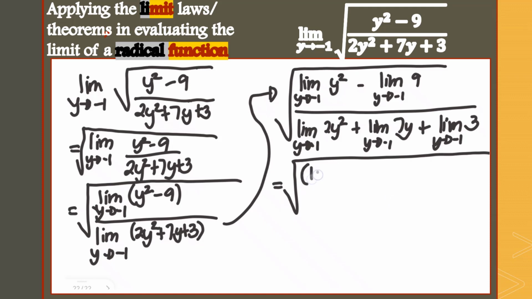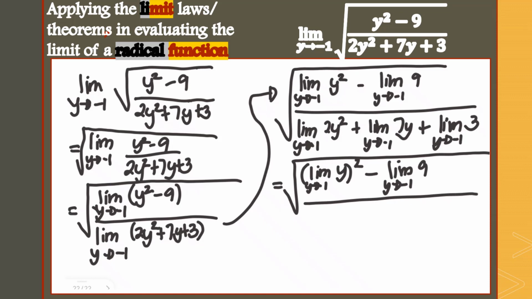So you have here the limit of y as y approaches -1, you square that, minus the limit of 9 as y approaches -1, all over the same expression here. We have the limit of 2 as y approaches -1 times the limit of y as y approaches -1, but you square that.